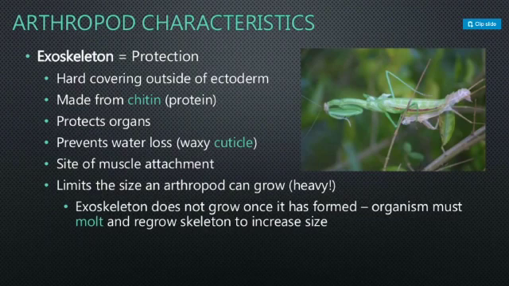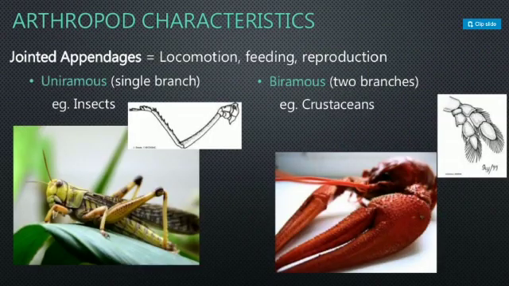This provides the arthropods different modes of locomotion, like crawling, flying and walking. It also limits the size of an arthropod. Exoskeleton does not grow once it has formed. Organism must molt and regrow the skeleton to increase its size.